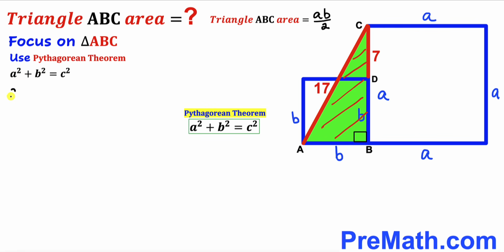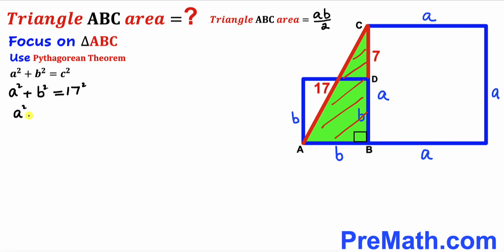So we got a square plus b square equal to 17 square. Let's simplify furthermore. That's going to give us a square plus b square equals 289. And now I'm going to label this one as our equation number 1.